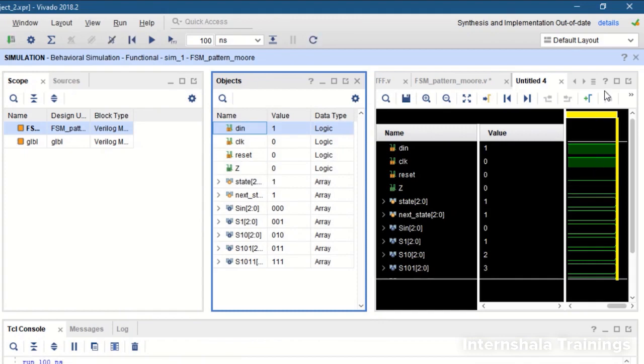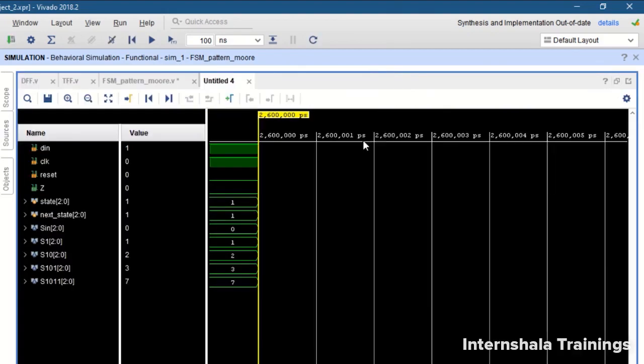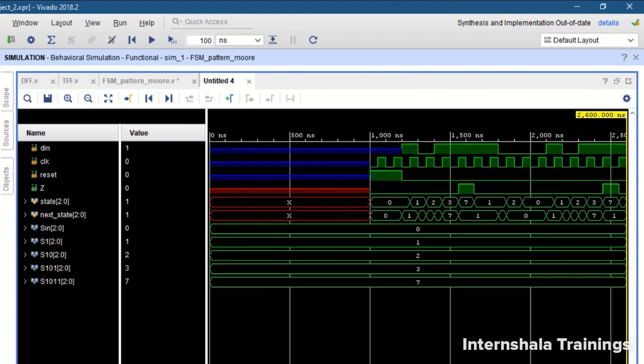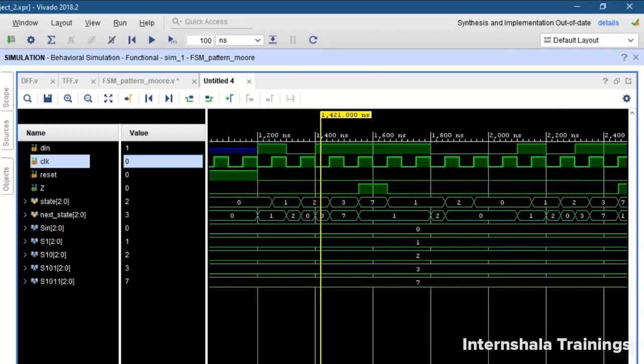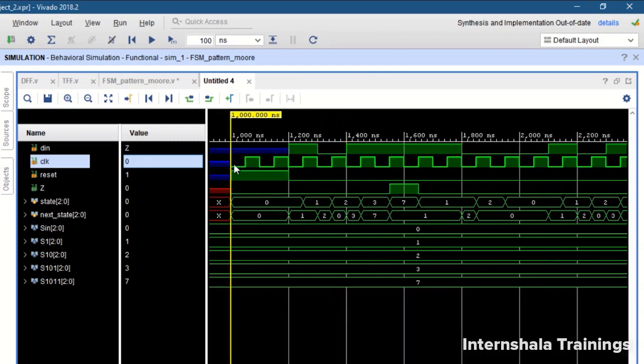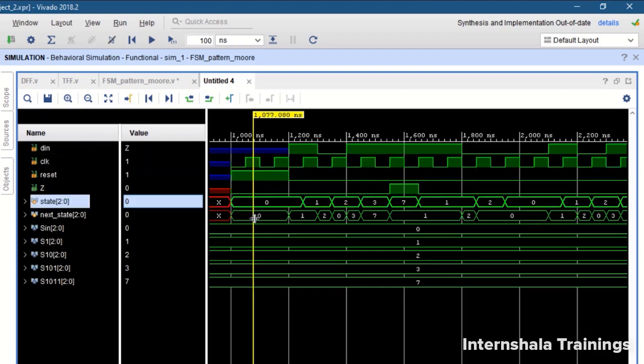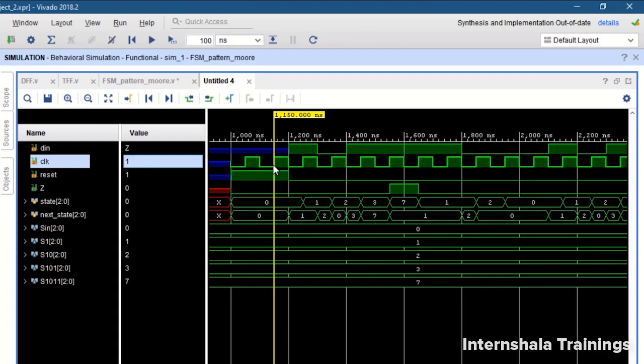Now let us look at the waveforms which are being generated. So have a look here. We started initially, D in is undefined, so our state is 0. 0 means S initial. At every rising edge, it will look at the value of D in.